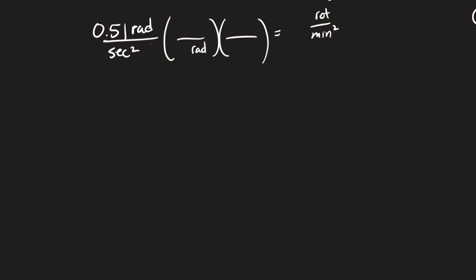Then, start with your first conversion. Put what you have on the opposite side of the fraction. And put where you're going on the opposite side of the fraction. So I put radians on the bottom, I'm going to put rotations on the top.